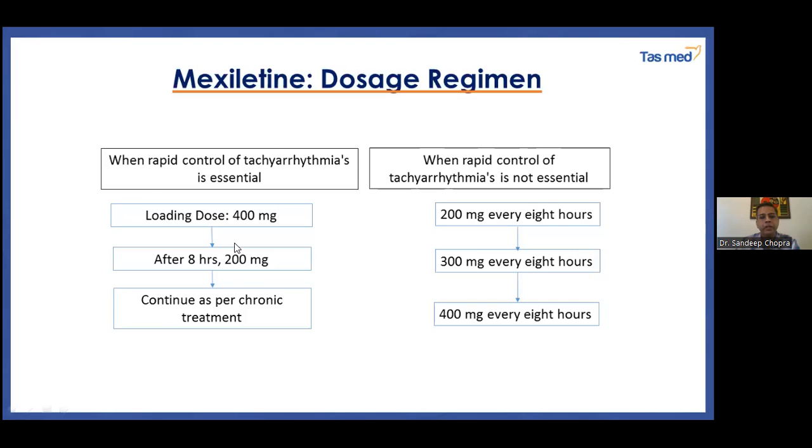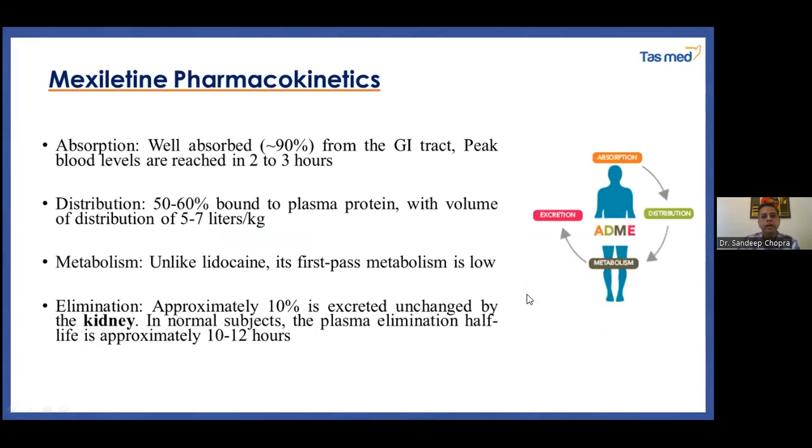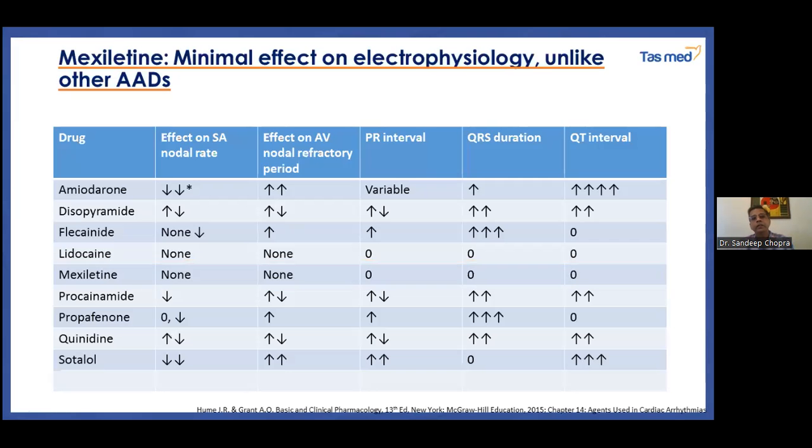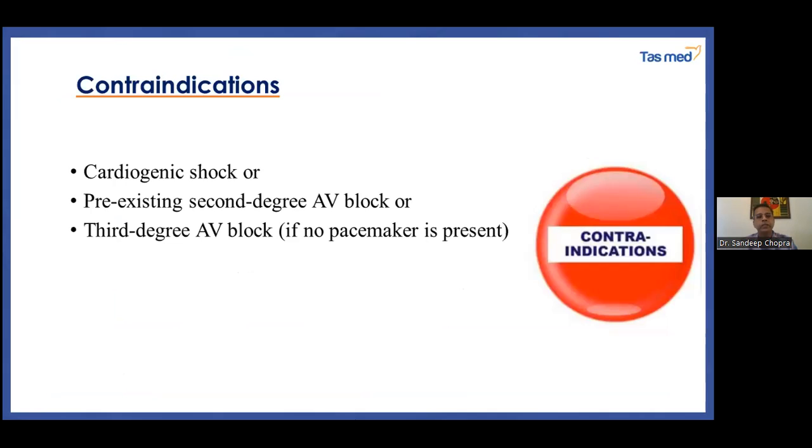When rapid control is required, you give a loading dose of 400 mg, and later 200 mg, and then chronic treatment like TDS. When rapid control is not essential, 200 8-hourly, 300 8-hourly, and 400 8-hourly. So you go up slowly when you're trying to up-titrate these doses. 200 8-hourly to start with, going up to 400. I would rather wait for a couple of days in between when I step up these doses.